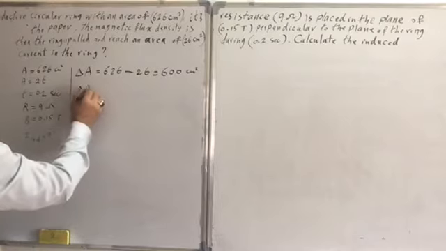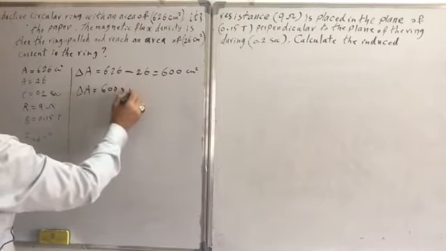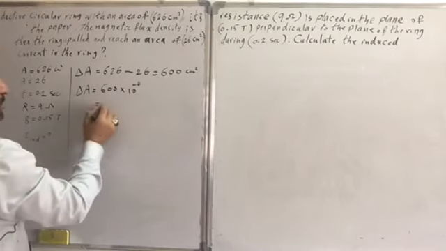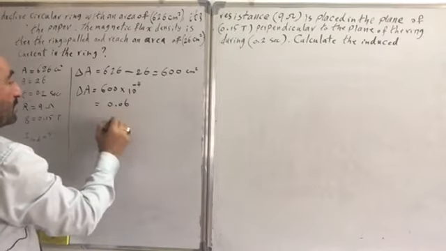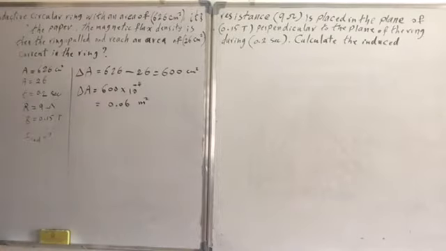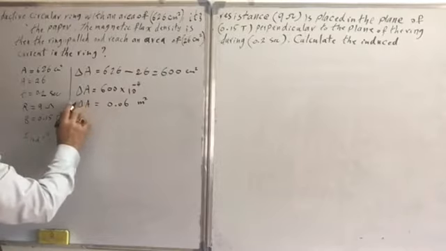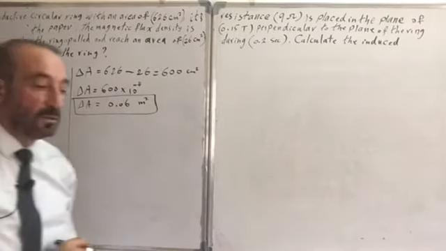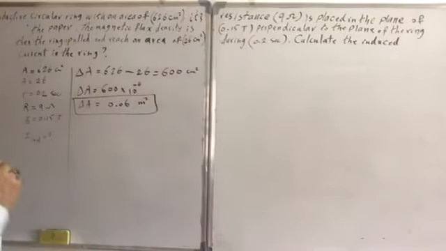Delta A equal 600 times 10 to the power minus 4, equal 0.06 meters squared.